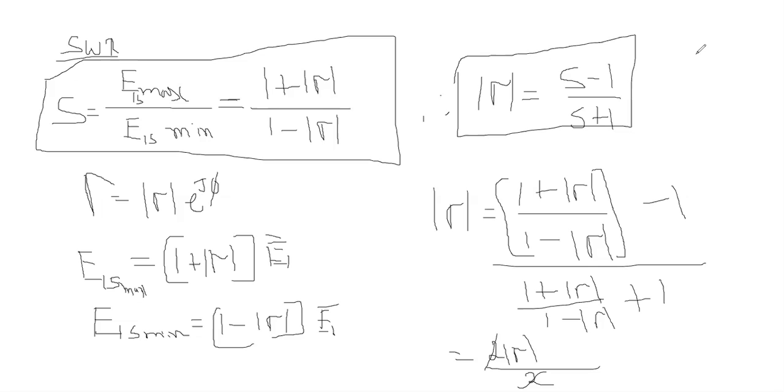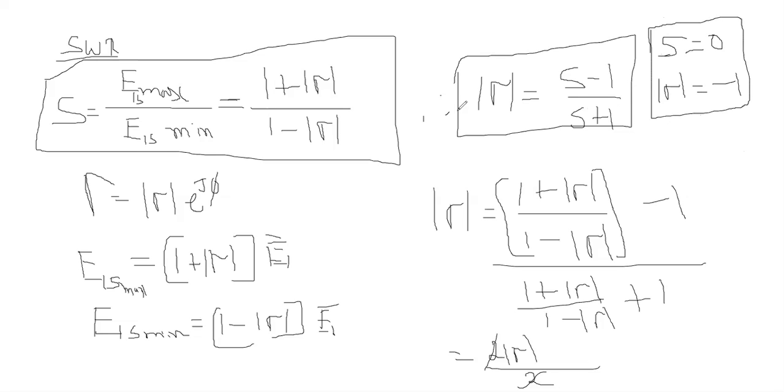When S is equal to 0, what happens? The reflection coefficient becomes minus 1. Taking S equal to 0 here, 0 minus 1 by 0 plus 1, so the reflection coefficient is equal to minus 1.